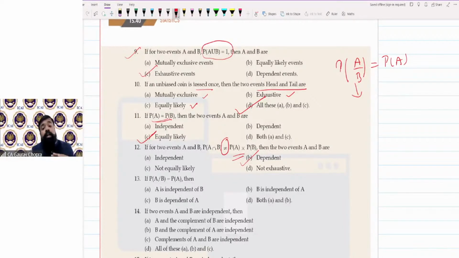That means event B has already happened, and then the chances of event A. If the happening of event B is not affecting event A, then they are independent events. So A is independent of B, B is independent of A. Answer will be both A and B.